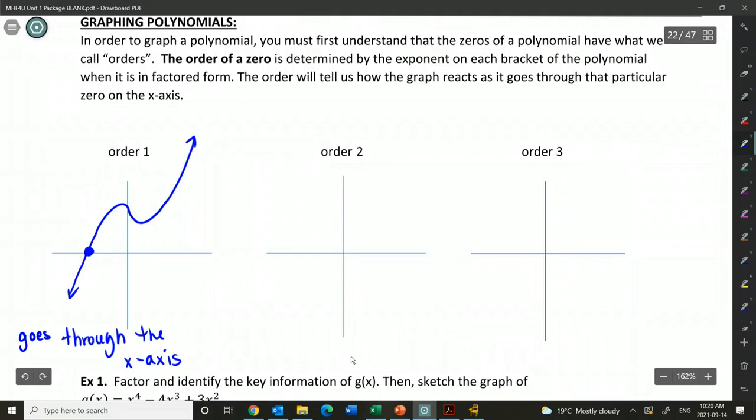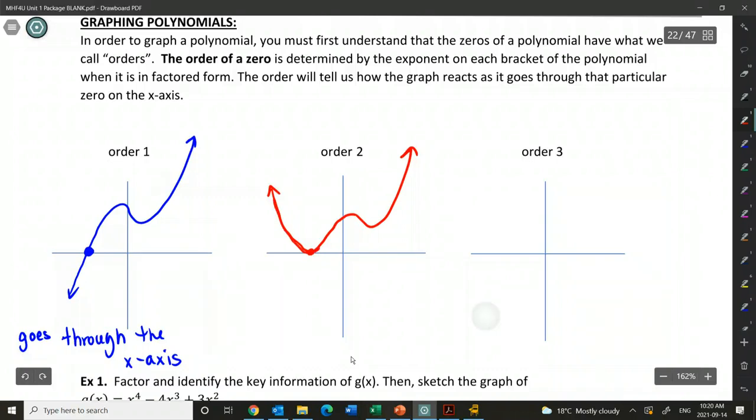Okay, order 2. Order 2, I almost think about, it takes like this quadratic shape on. So as it goes toward the x-axis, what it actually does is it sort of grazes the x-axis, but just bounces right off of it. So an order 2 x-intercept is going to come towards, hit it, and then bounce off of it. And then whatever happens after that is determined by other things.